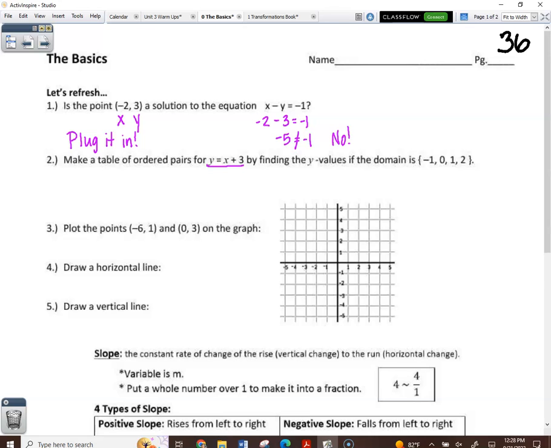Normally your T-chart runs vertical. We don't have room, so we're going to make ours run horizontal. Your T-chart is where you pick numbers for x and plug it in, and you get a number that comes out for y. They're telling you, do you remember what the vocab word domain means?